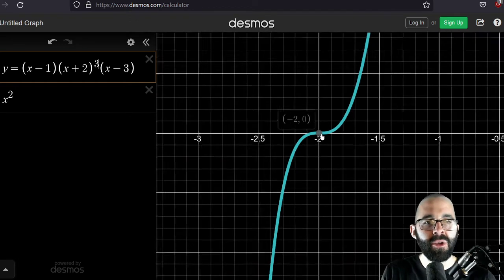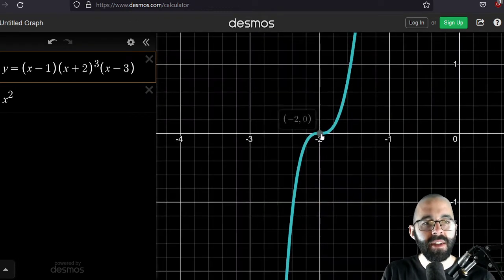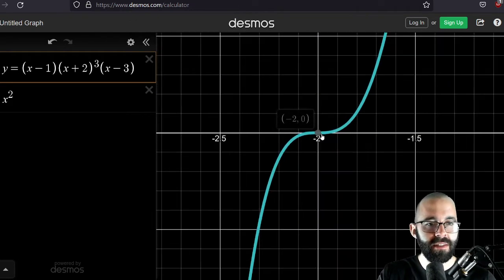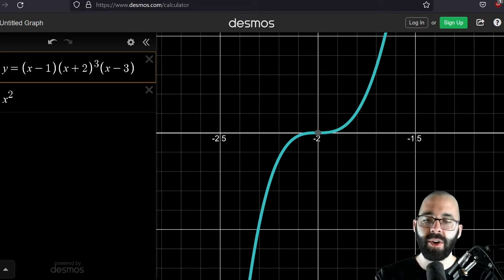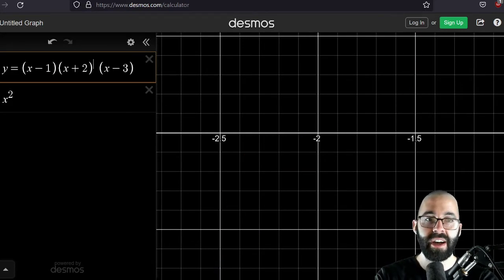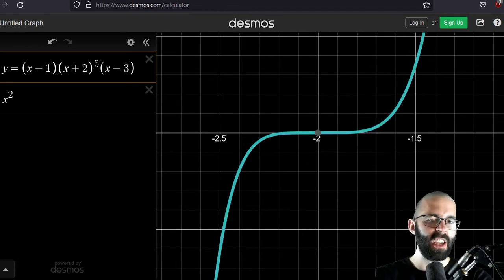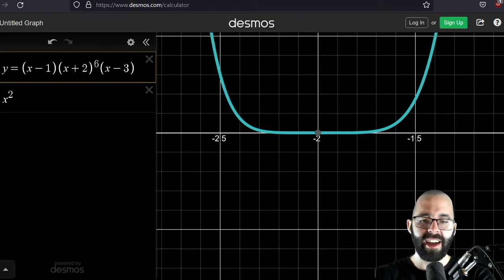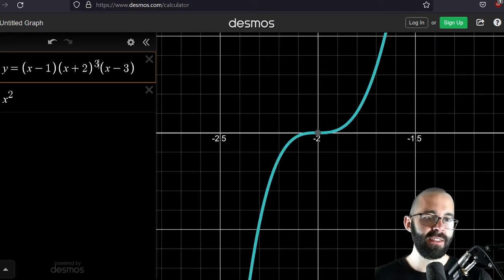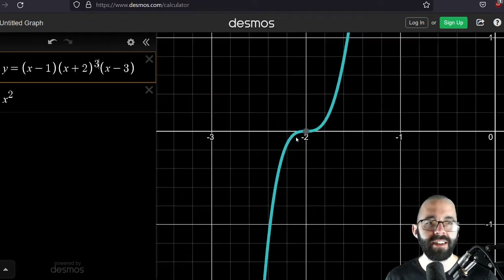So locally, the multiplicity, let's stay zoomed in for now. Again, all right, let's just go all for it. 4, well, that was 5. 4 is kind of like a flatter parabola. 5 is like a flatter cubic. 6 is an even flatter, etc. That's what we're going to generalize here.